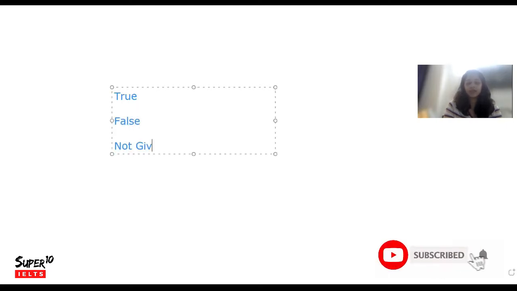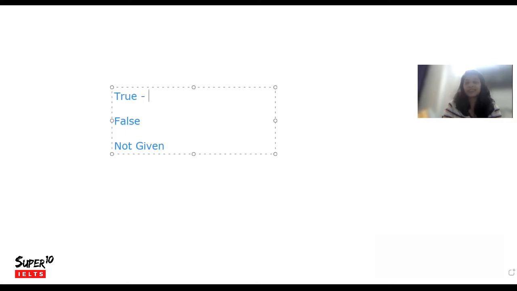What are the things that you should keep in mind for this? Now, when we come to true, false, not given, first of all, we have to make sure that we understand what it means. When it says true, false, or not given, you have to understand that it is talking about the fact in the question in your reading module.